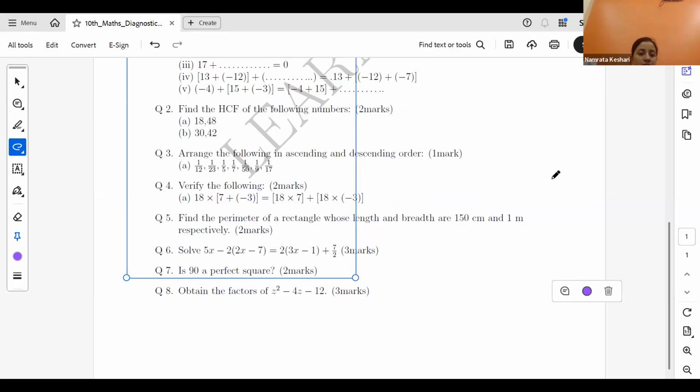The last one, Salwa, we need to split the middle term. Will you be able to do the factorization? Yeah, I remember doing that. Yeah, do it.